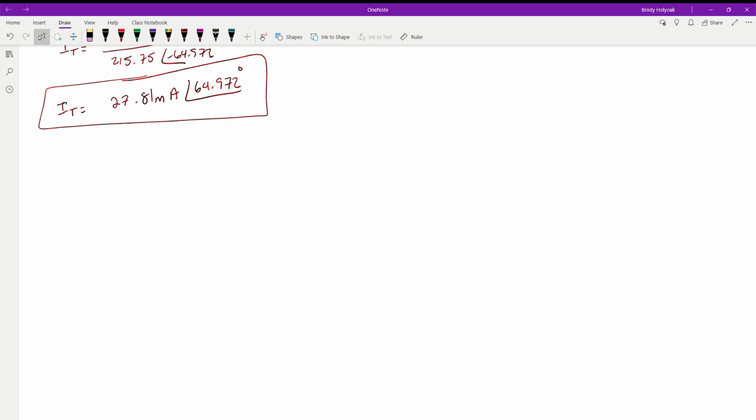Now we want to know the currents through each individual component. IR1 is going to be equal to the 6 volts. Since they're all in parallel, they have the same voltage, divided by its resistance or impedance. So IR1 is equal to 11.6765 milliamps at 0 degrees.